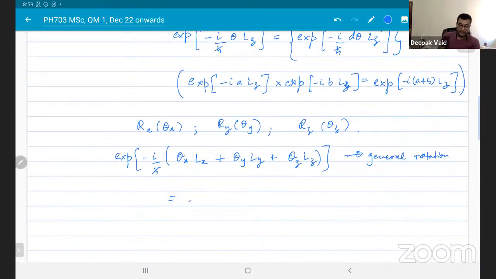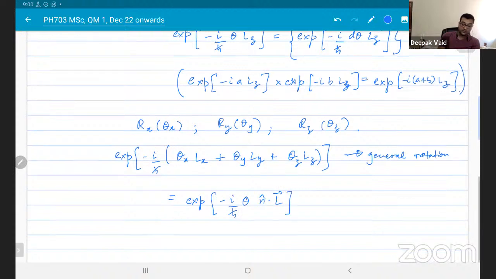Another way to write the same thing is exponent of minus i by h bar, one constant number theta times some unit vector n dotted with the operator L. So what is the meaning of this?